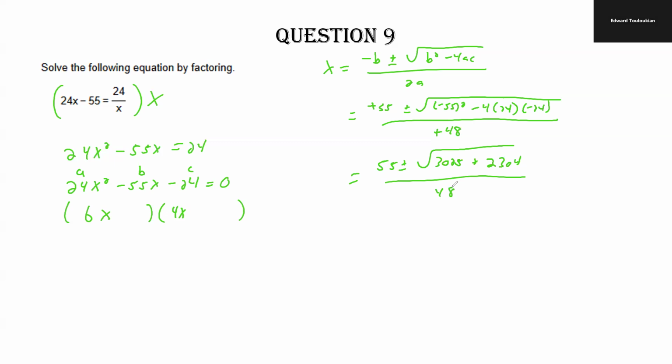Okay, so if we add that to 3,025, I get 55 plus or minus the square root of 5,329, all divided by 48. And let's see, the square root of 5,329 is 73.